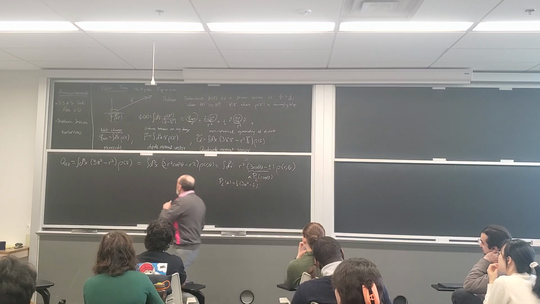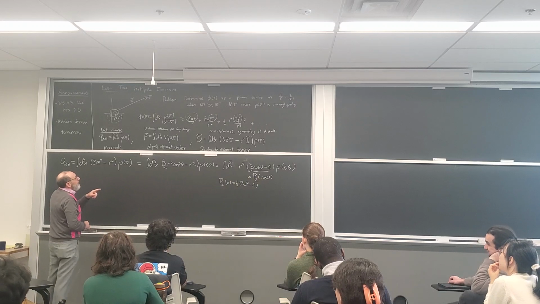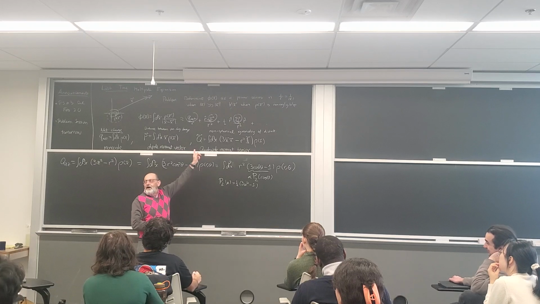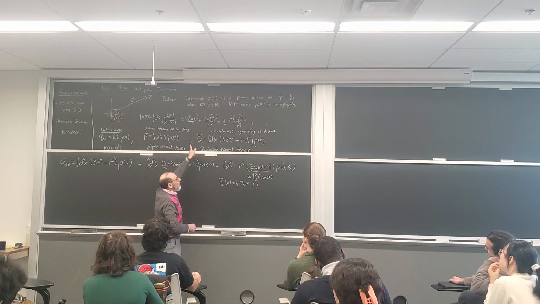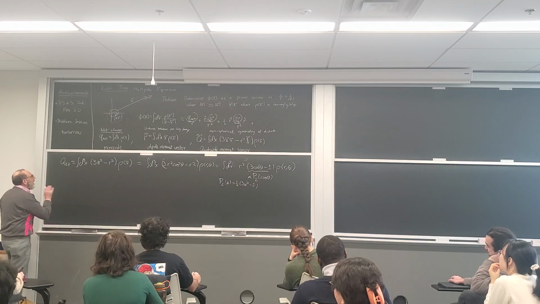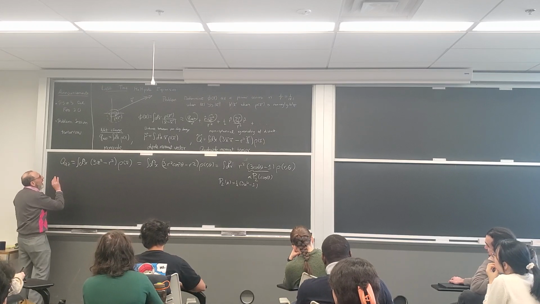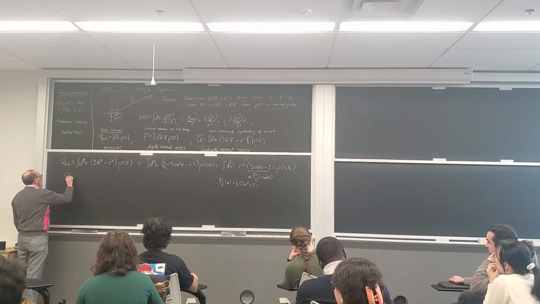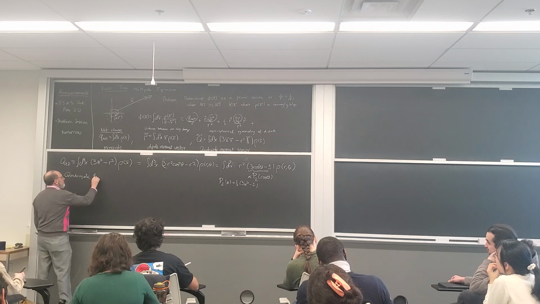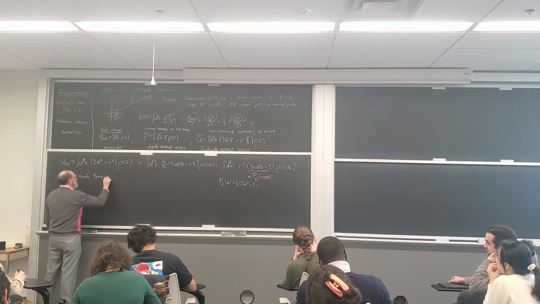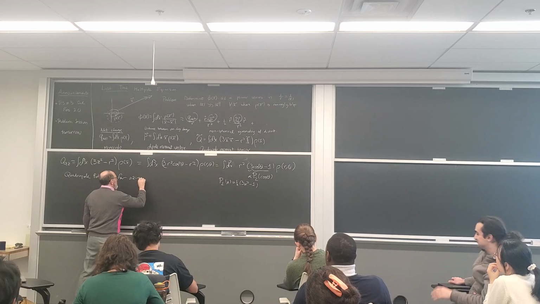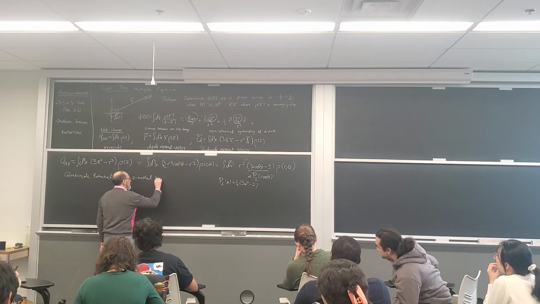Okay? Now, I want to say one last thing about this. Given this moment, let us write what the potential is. So when we have azimuthal symmetry, I can look at the quadrupole potential for azimuthal symmetry.